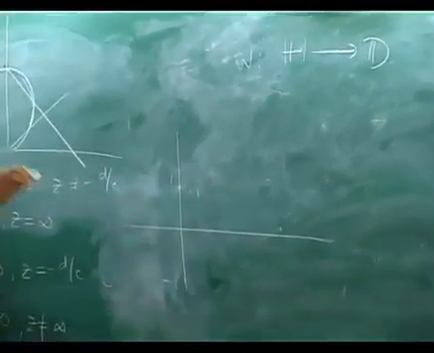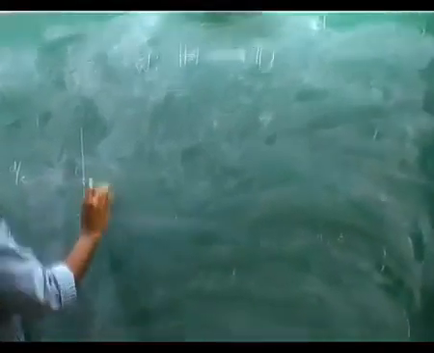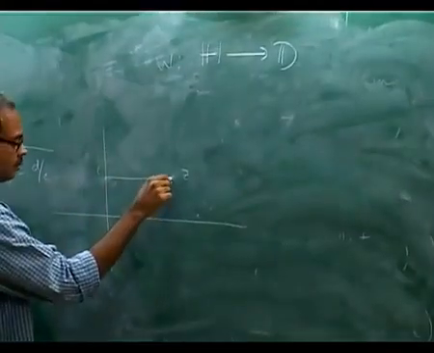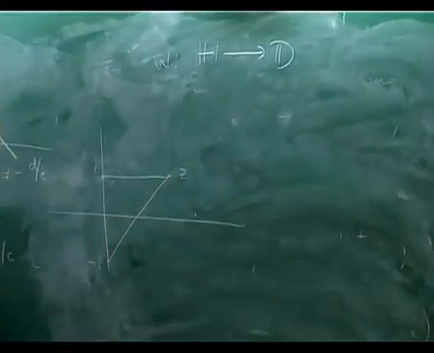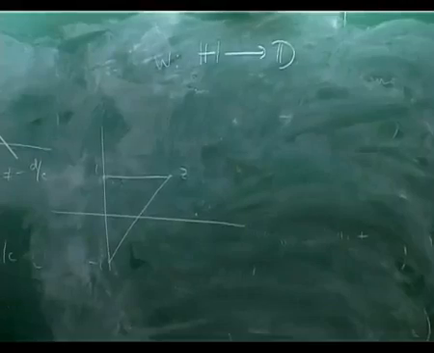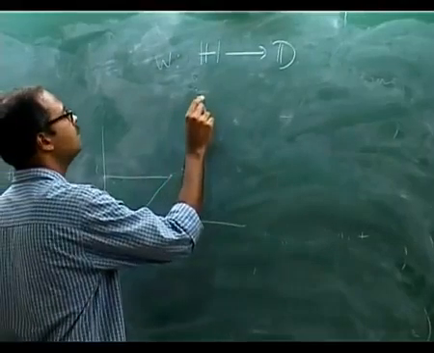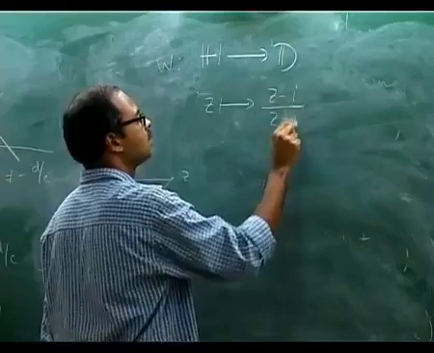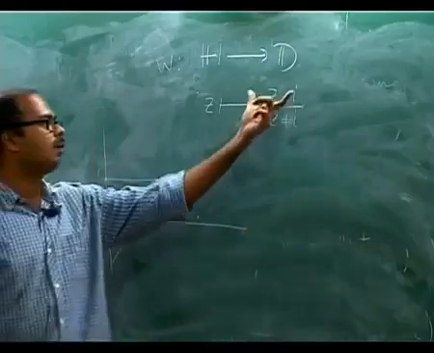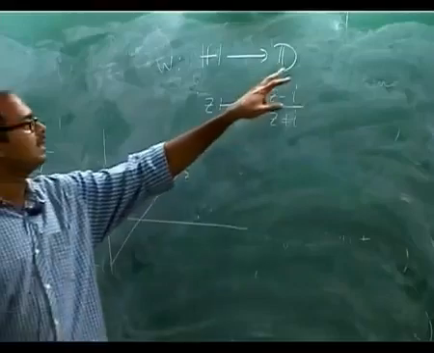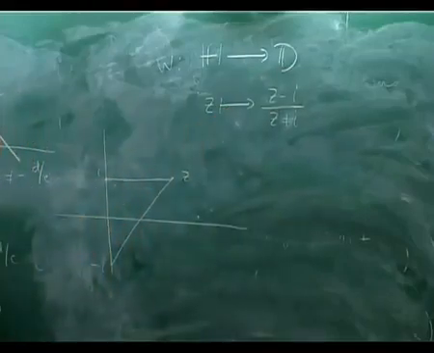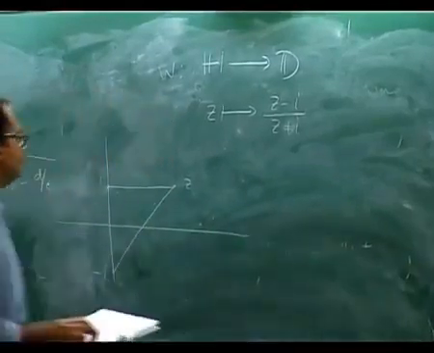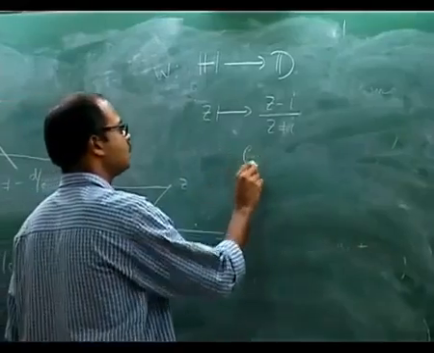This is the imaginary axis and the real axis. If Z is in the upper half plane, then the distance from i is certainly less than the distance from minus i. So the map is Z going to Z minus i over Z plus i. For the upper half plane, the modulus of this will always be less than 1 and hence inside the disk. This is called the Cayley transformation.